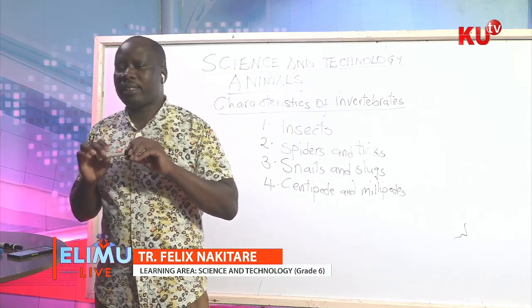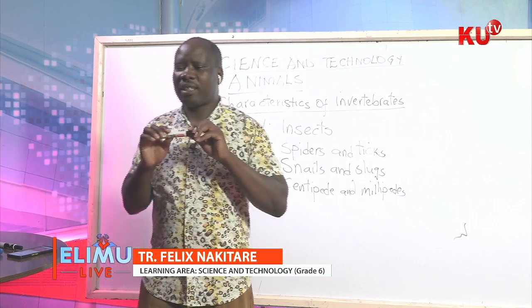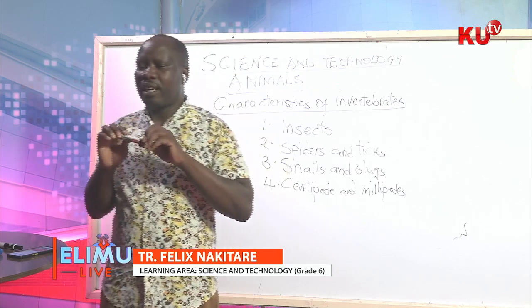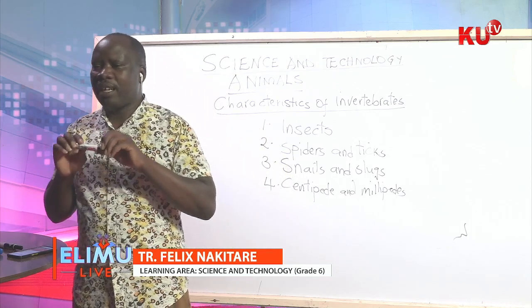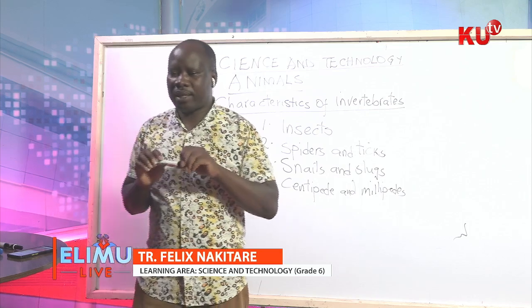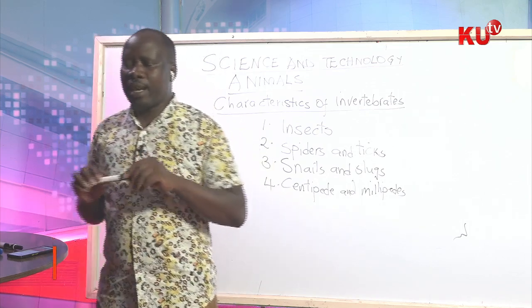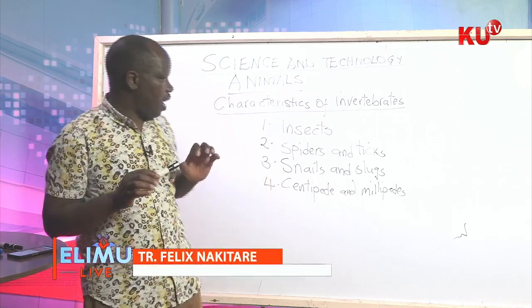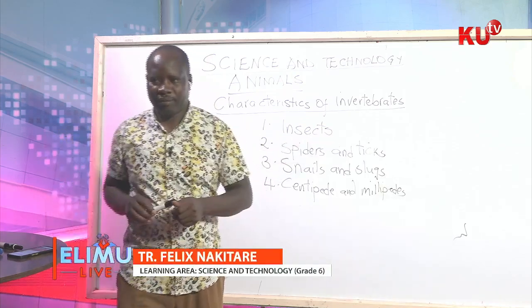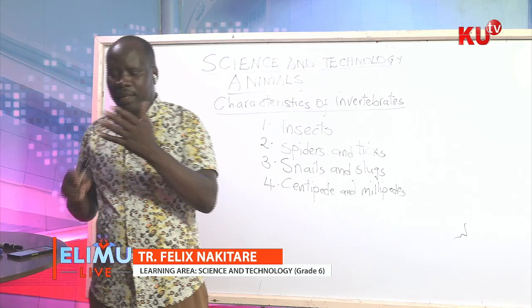So all insects have a hard outer covering, which looks like the skin, and it is called exoskeleton. Having known those 5 characteristics, let's go through them again.